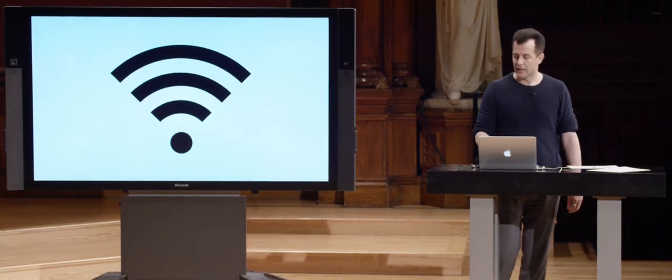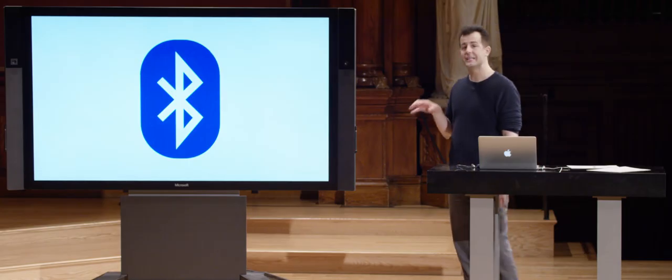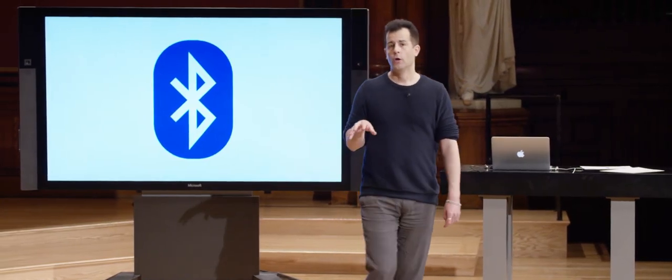But not everything operates over Wi-Fi. In fact, devices that you might want to plug into or connect to your computer without a cable would tend to use not Wi-Fi, but another wireless technology called Bluetooth that Windows computers and Macs alike support these days. So in fact, if you have a wireless keyboard at home or at work, or a wireless mouse, or any number of other devices that are wirelessly communicating with your computer, perhaps even your headphones these days, odds are those are using a technology called Bluetooth, which has a limited range of just so many feet.